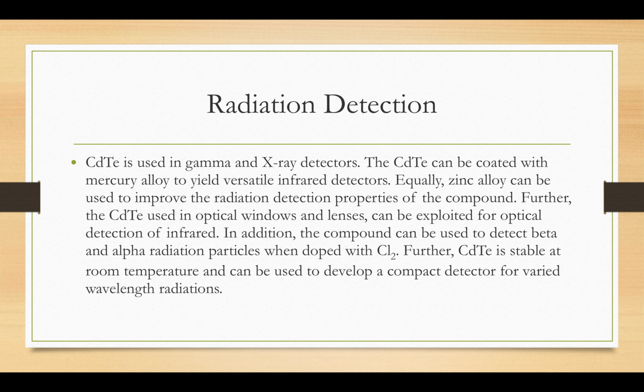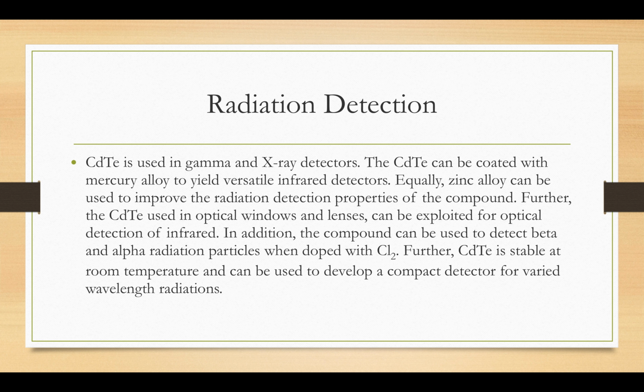Radiation detection. Cadmium telluride is used in gamma and X-ray detectors. The cadmium telluride can be coated with the mercury alloy to yield versatile infrared detectors. Equally, zinc alloy can be used to improve the radiation detection properties of the compound.